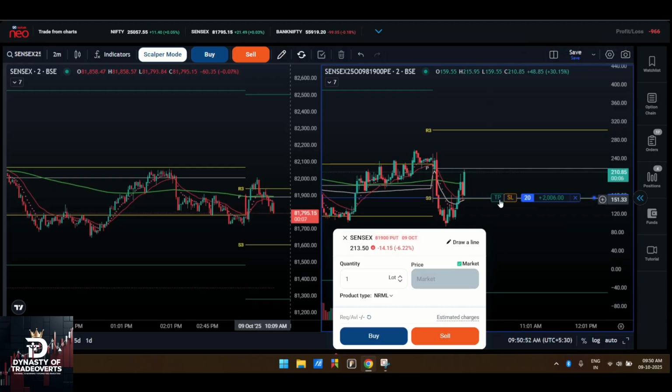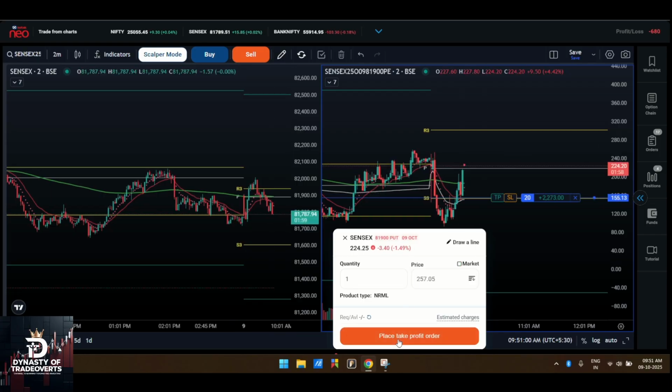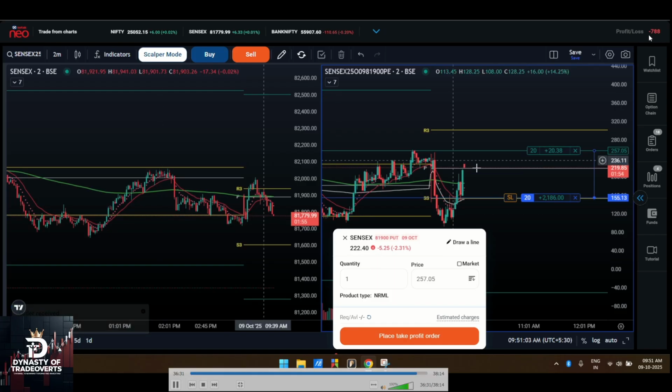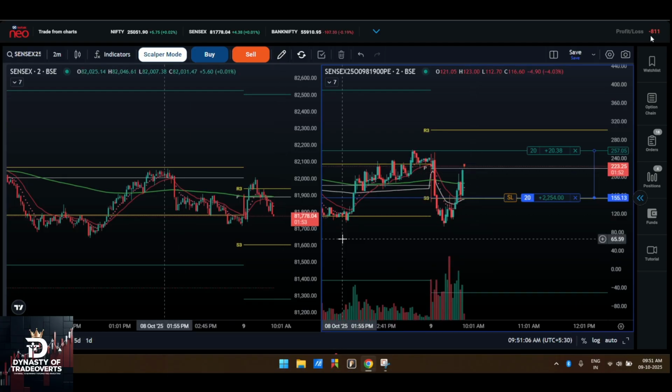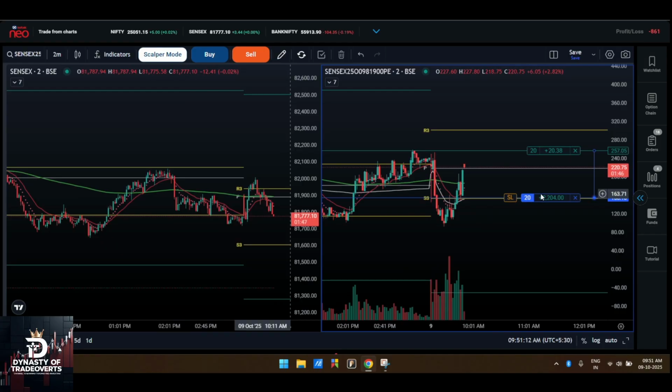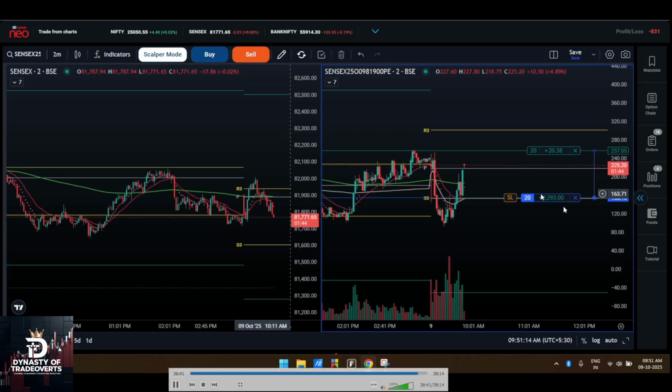Okay, I have exited one lot and I'm holding another lot. Right now I'm just calculating how many points I need to recover this complete loss. My losses come down below 1000 rupees. Still I'm calculating how many more points I need to recover all these losses. Accordingly, I'm putting my target order here.